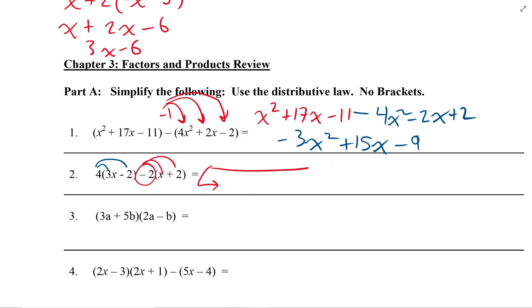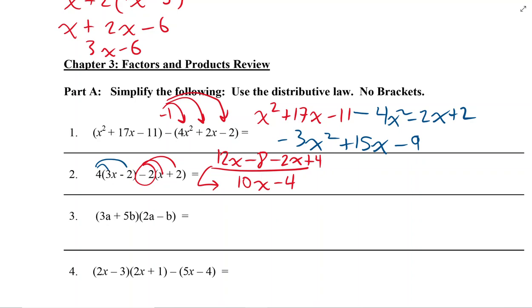Two steps. Go. Okay, final answer, 10x minus 4.